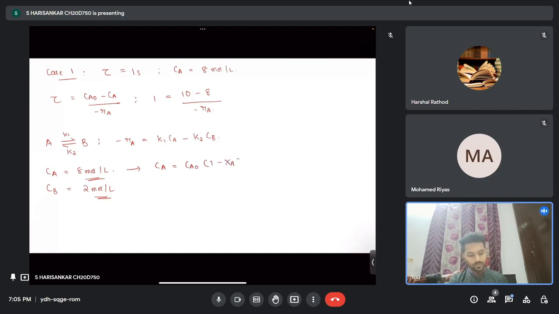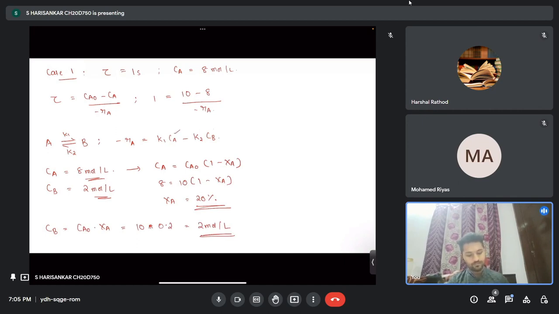That means 8 is equal to 10 into 1 minus Xa, and Xa is basically 20%. And Cb will be Ca0 into Xa, that is 10 into 0.2, and that is 2 mole per liter. So we found out Ca as well as Cb.